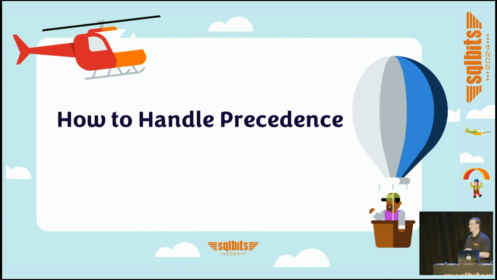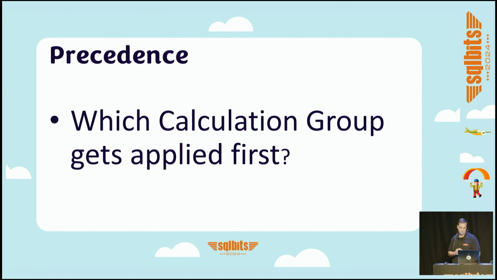So the first thing we have to discuss is precedence. If I had one calculation group, we don't have to worry about precedence. You could create a model with just time intelligence, one with metrics, one with this. You're not going to have to deal with precedence.